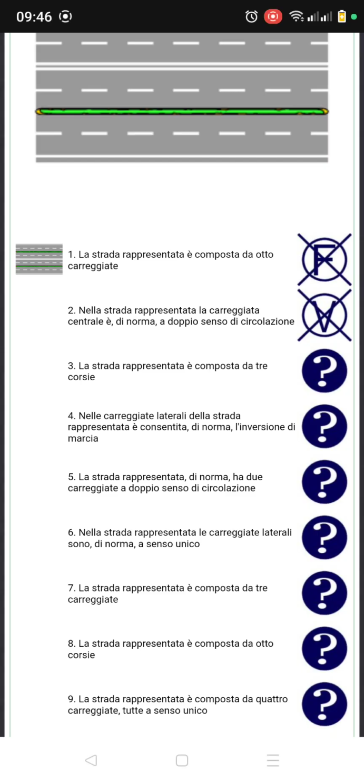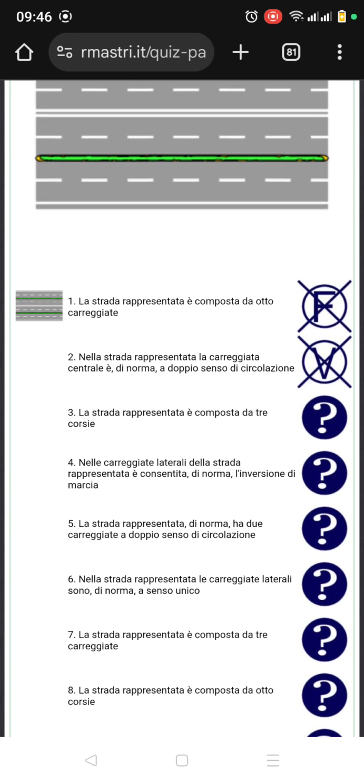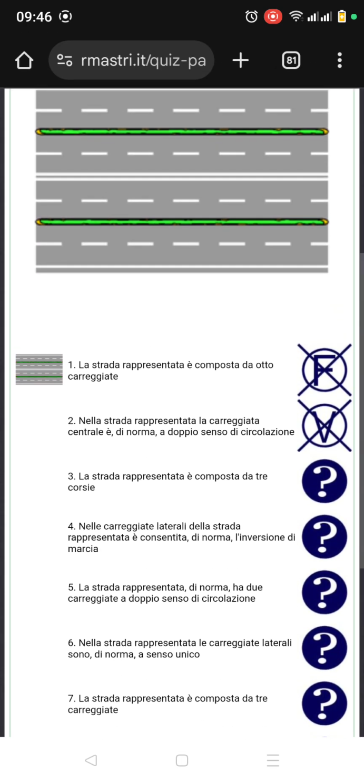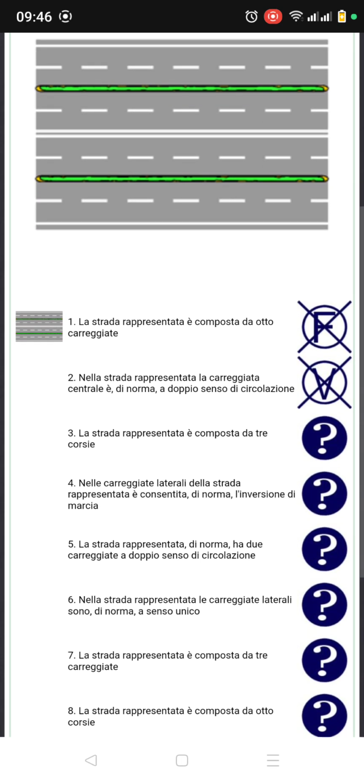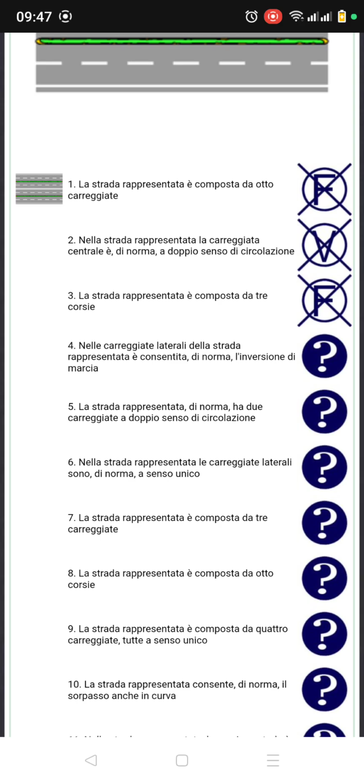I don't want to make it too long. So la strada rappresentata è composta da 3 corsie. So this question is saying this very road is composed of 3 lanes. No, it's false because it's composed of 8 lanes. Number 4. Nella carreggiata laterale della strada rappresentata è consentita di norma l'inversione di marcia.